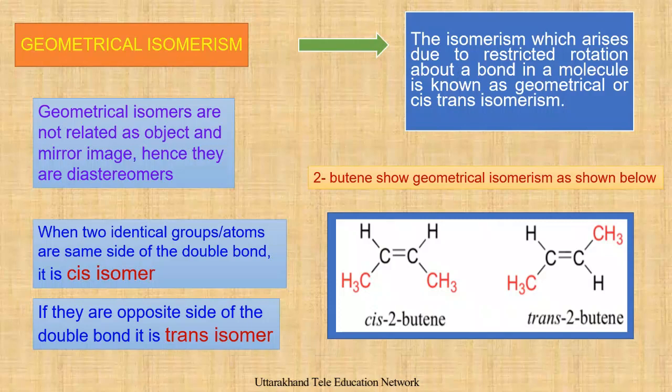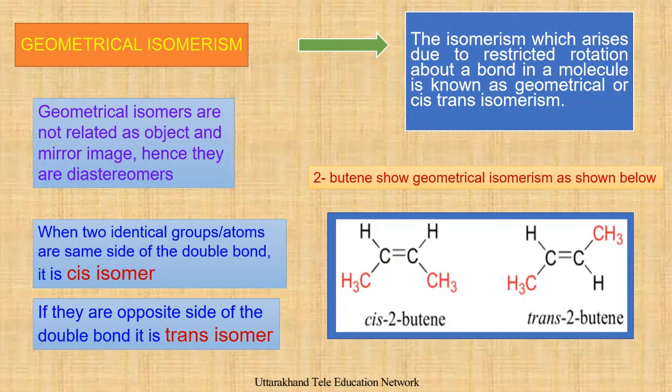The pi bond locks the molecule in one position. The two carbons of the C=C bond and the four atoms attached to them lie in one plane, and their positions in space are fixed. This restriction of rotation about the carbon-carbon double bond is responsible for the geometrical isomerism in alkenes.